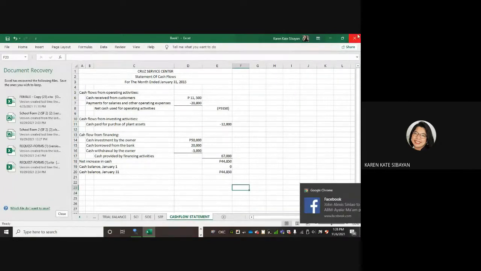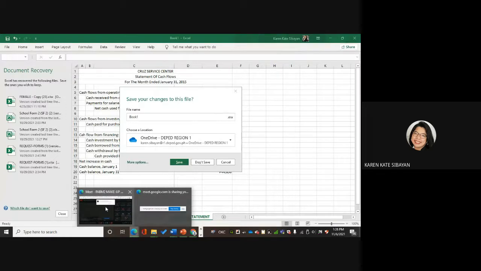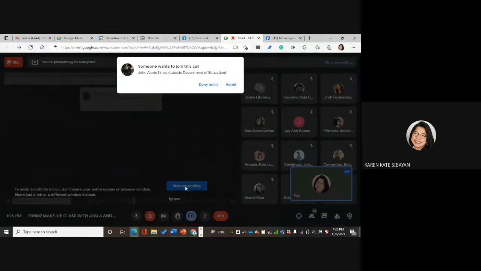Ay! Naku po. Ay! Wait lang, ano nangyari? Kinabahan ako dun, biglang nag-flash. Stop presenting. Hirap talaga kapag nakabuong ano ka eh.